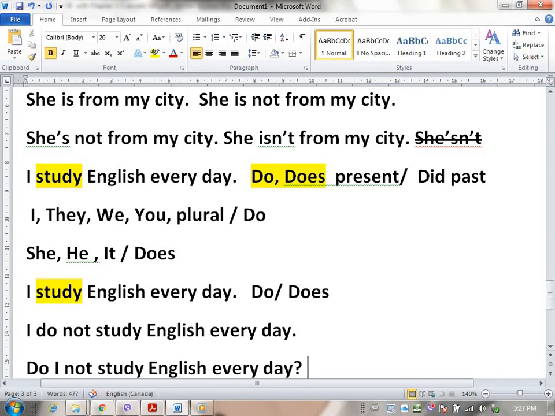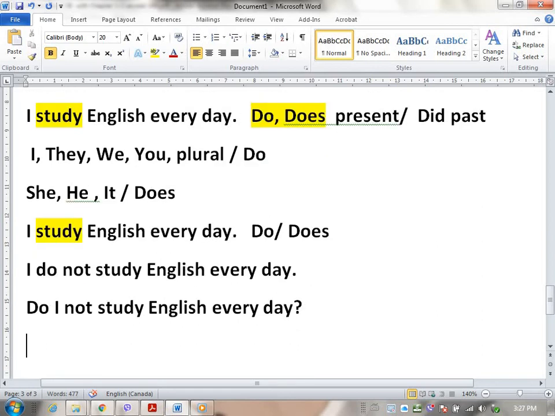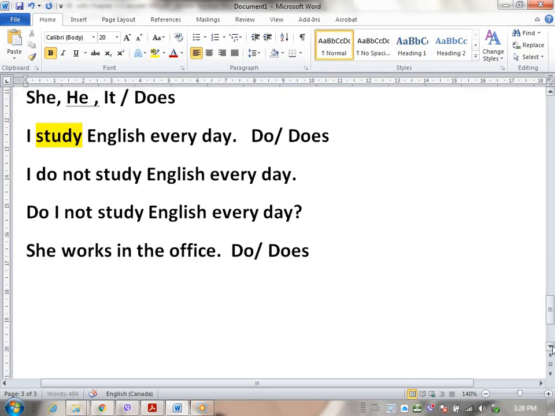Let's say I have another example: She works in the office. Then I want to make a question. Because the verb is in the present, I'm going to look for do or does, one of them. Then the second step, if you remember, is to look for the subject.